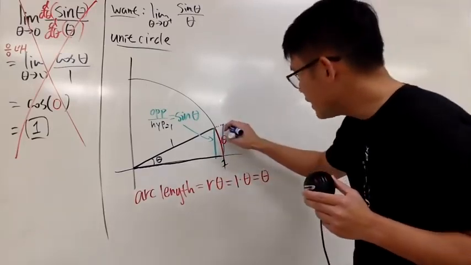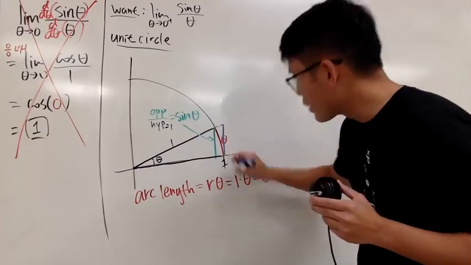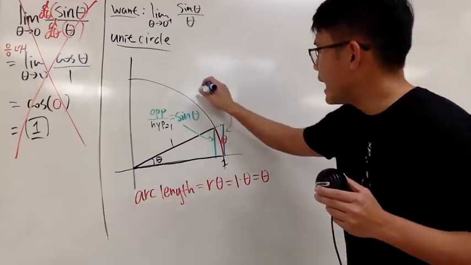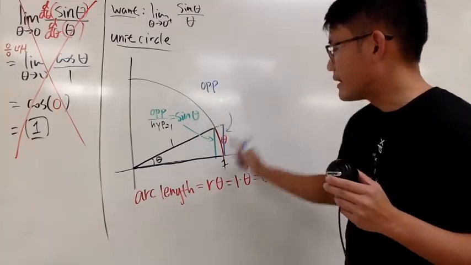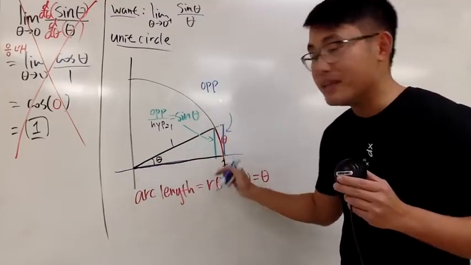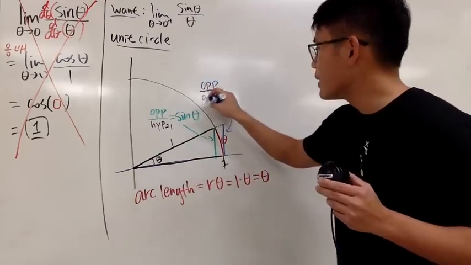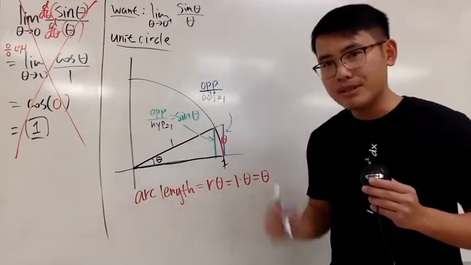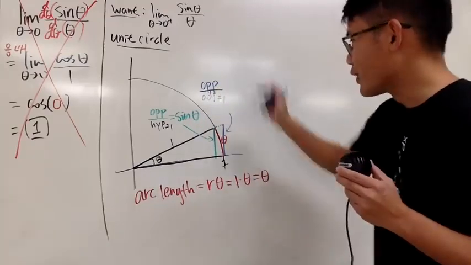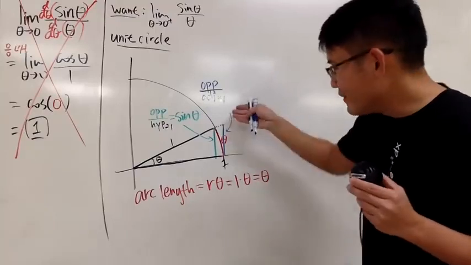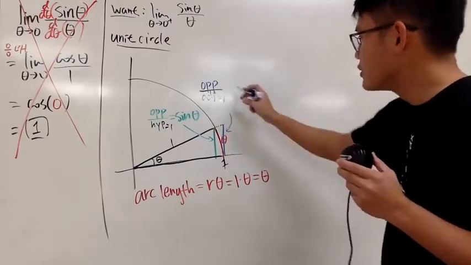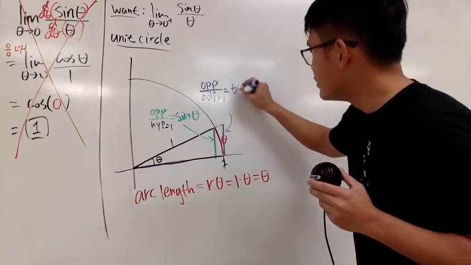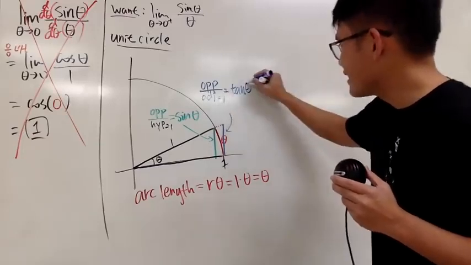So if you just look at this bigger right triangle here, this right here is once again the opposite, but this time, this right here is the adjacent that we know. So I'll just put down ADJ, which in this case is also 1. What's opposite over adjacent? Yes, it's tangent. So right here, as I told you guys earlier, in fact, that's the tangent line. So we get this right here equal to tangent theta, like that.